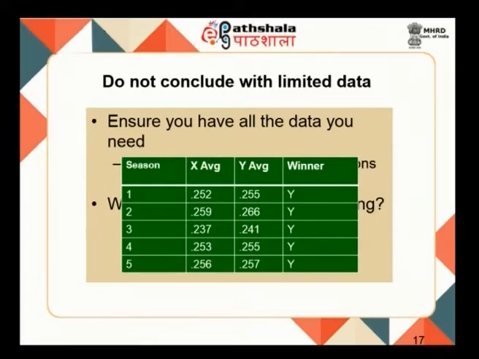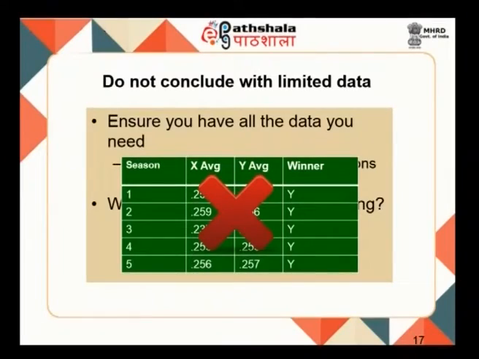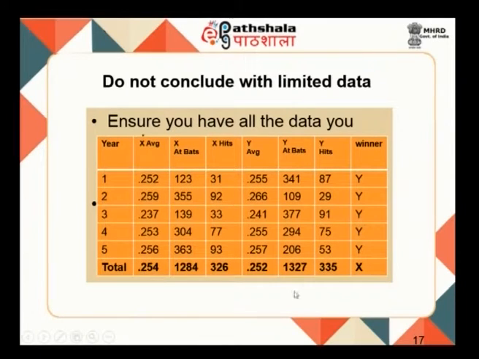But practically speaking, when we go in depth into the data, we can arrive at a completely different conclusion, because sometimes the analysis that we do with limited data might result in a wrong conclusion. Now, let us analyze these two persons with more detailed data.